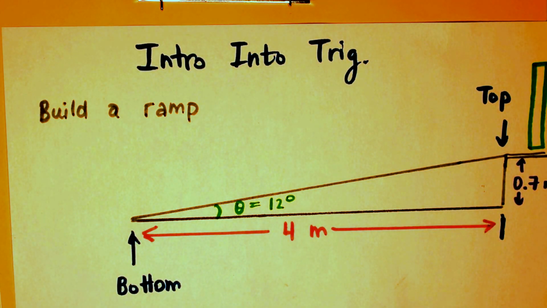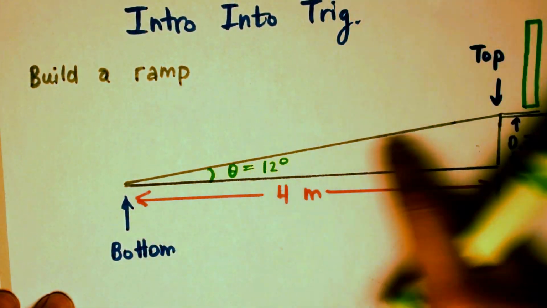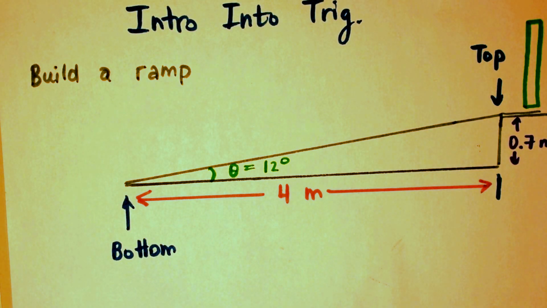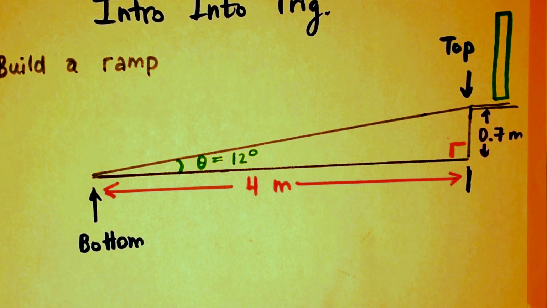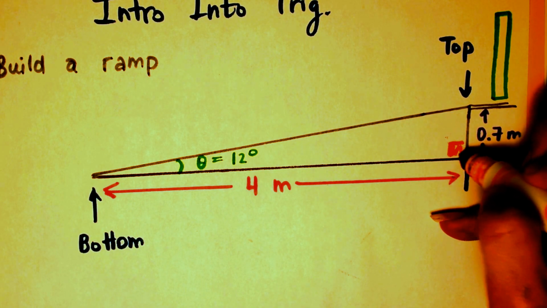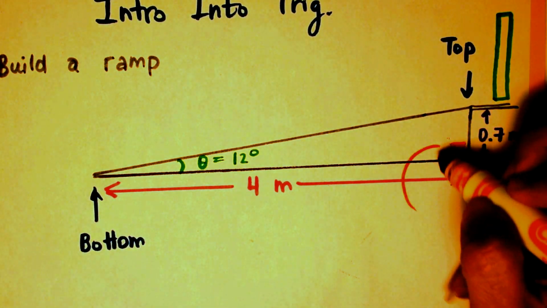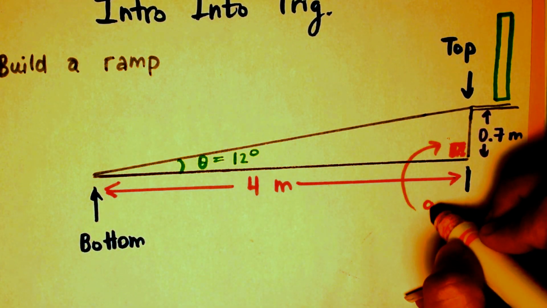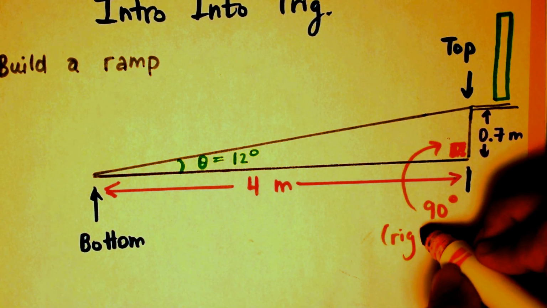So there are a number of tools that we can use to find out what this hypotenuse has to be. So you guys know that this is a right angle triangle. A right angle triangle is shown if there is a little square in the corner. And this square means that this angle over here is 90 degrees, which is also called a right angle.